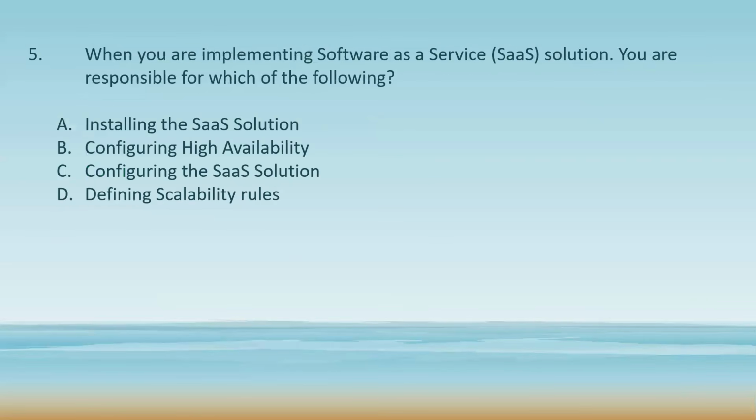Question number 5. When you are implementing software as a service solution, you are responsible for which of the following? Your options are installing the SaaS solution, configuring high availability, configuring the SaaS solution, defining scalability rules.